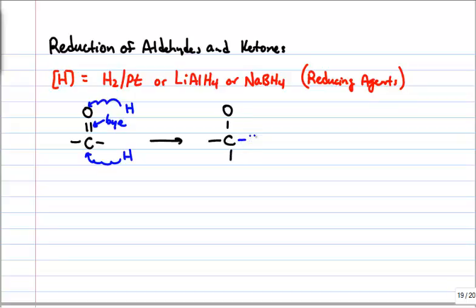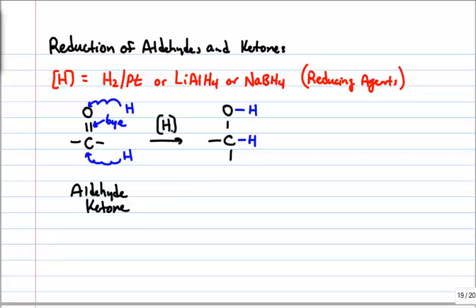There's one hydrogen there, there's the hydrogen there. So if the carbonyl you start with is in an aldehyde or a ketone, and you reduce it, so you add a reducing agent.